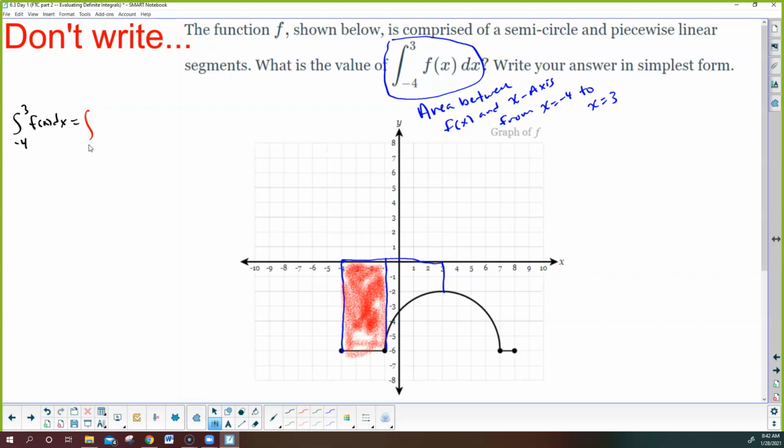We know I can find the area from -4 to -1 very quickly because that's a rectangle. So let's do that part, and then we'll find the area underneath the curve from -1 to 3. That takes a little bit more creative thought to find that area.